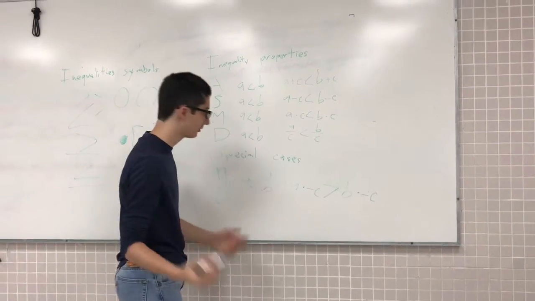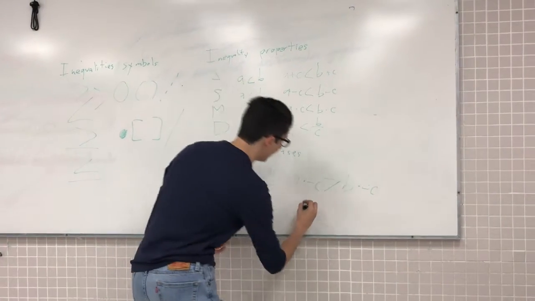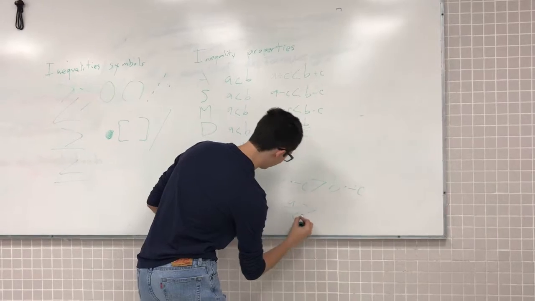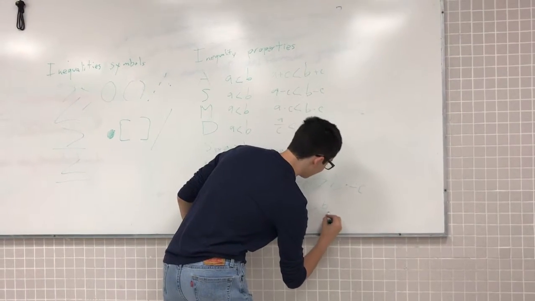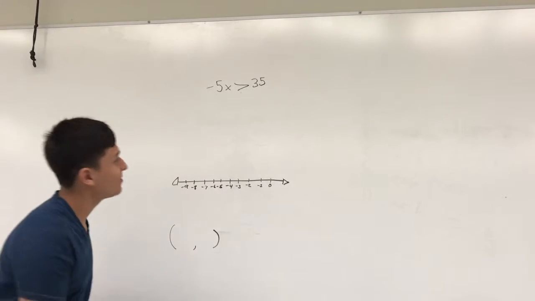So if A is less than B, A divided by minus C will be greater than B divided by minus C.